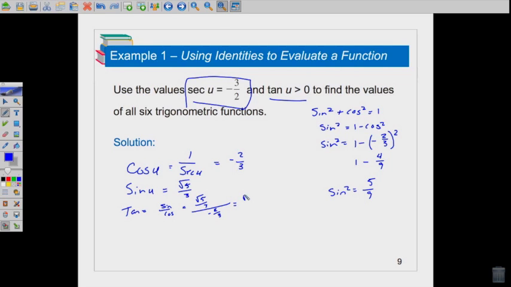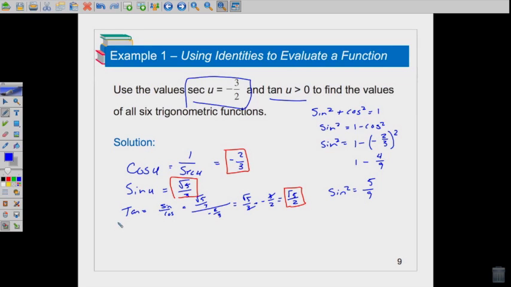That's the same thing as square root of 5 over 3 times negative 3 over 2, and when these two things cross off, I get the square root of 5 over 2. So my tangent is the square root of 5 over 2. I'm going to start circling things so I don't get confused. Cosine, sine, tangent.